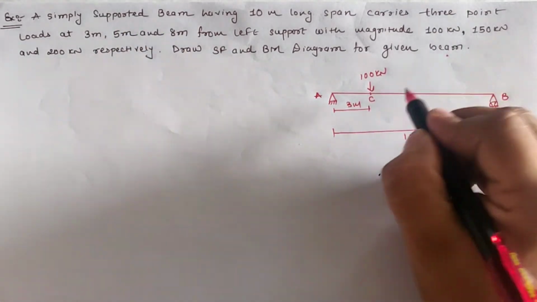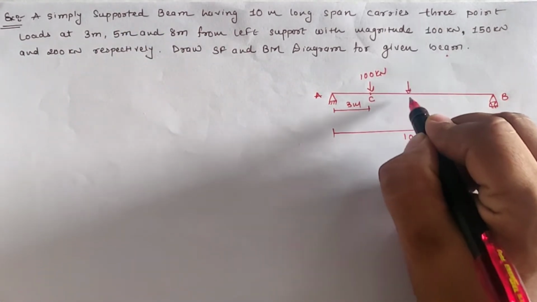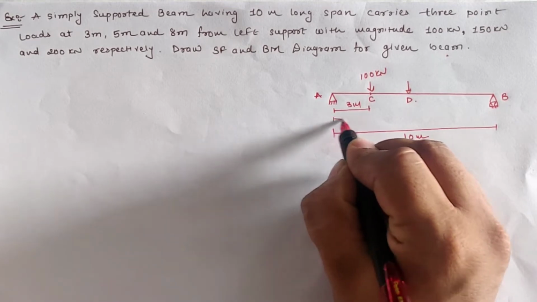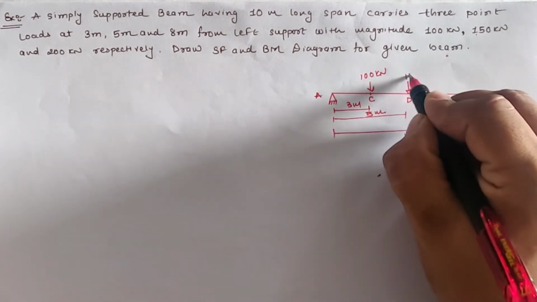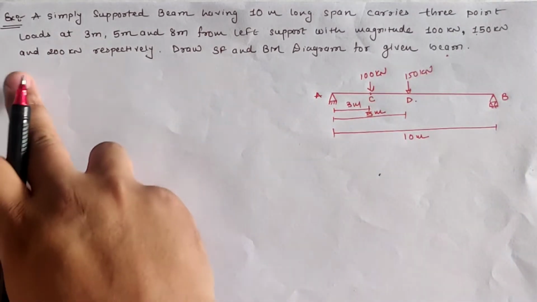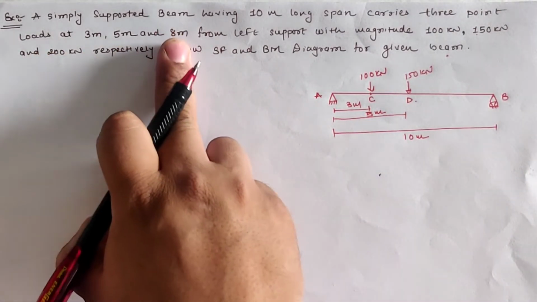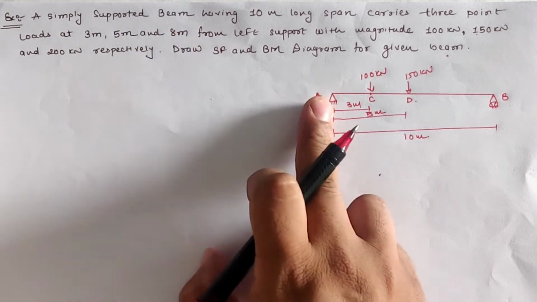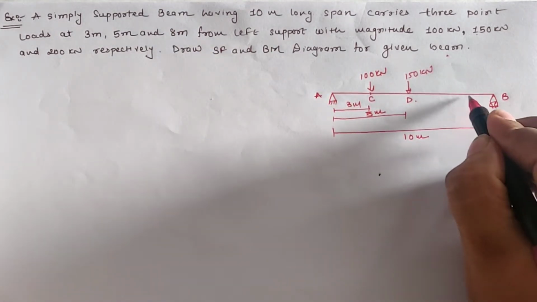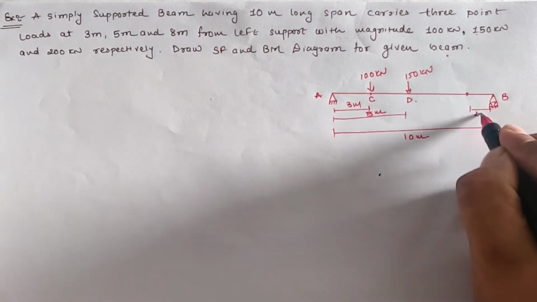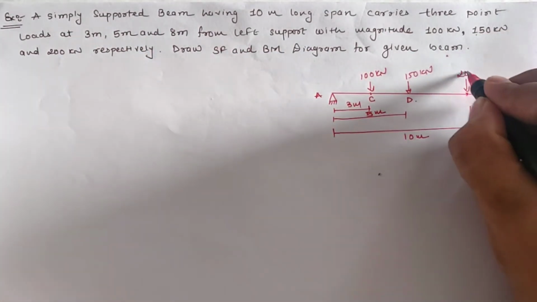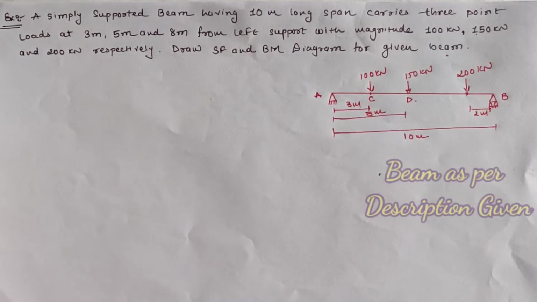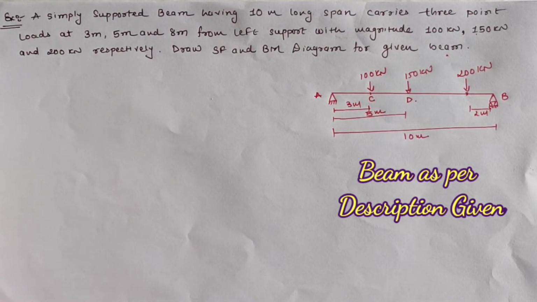Exactly at the midspan, at point D, the distance is 5 meter and the value is 150 kilonewton, and 200 kilonewton at location 8 meter from the left hand support. So from location B it is at 2 meter and the value is 200 kilonewton. So this is the beam which we have to solve.